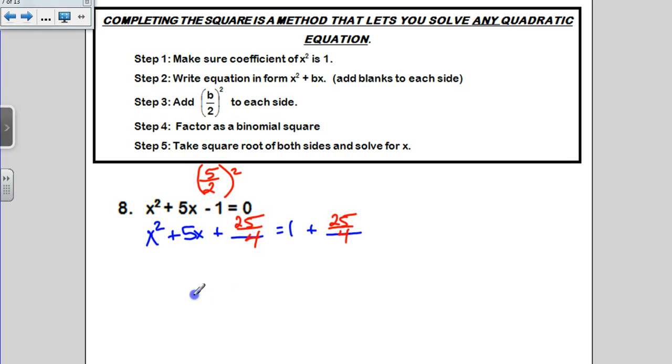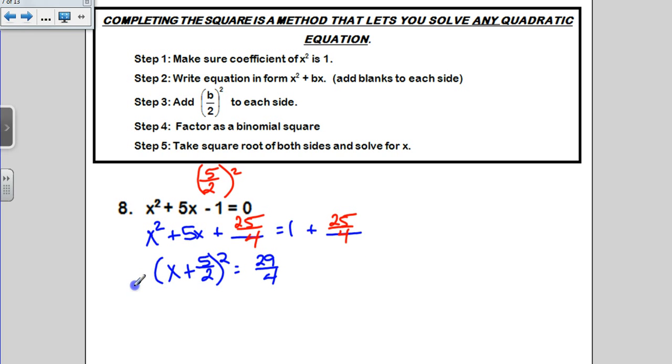On the left-hand side, this is going to factor into x plus 5 halves squared, since half of 5 is 5 halves. And then 1 plus 25 fourths is like 4 fourths plus 25 fourths, so that would be 29 fourths.